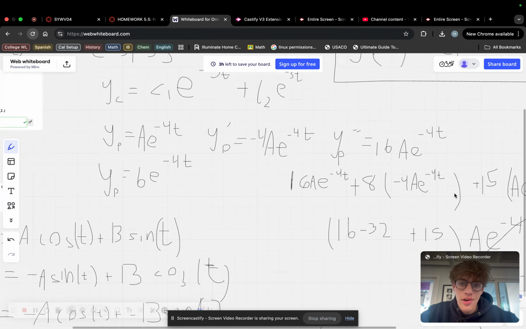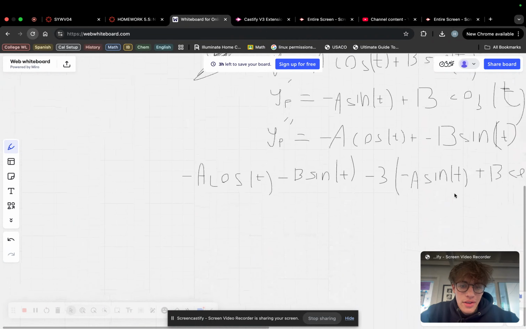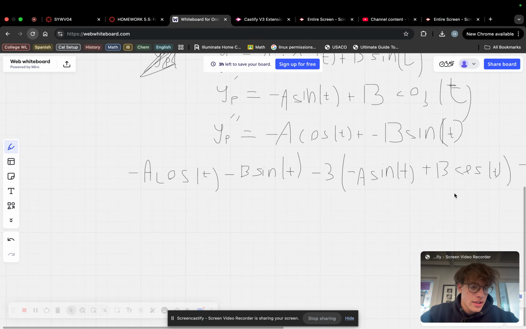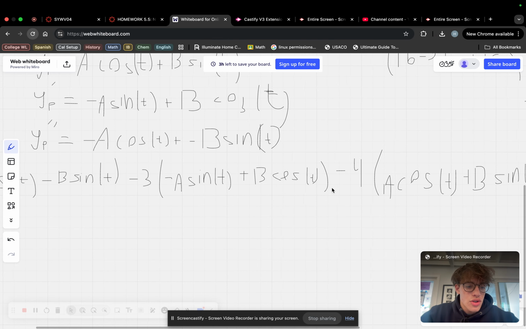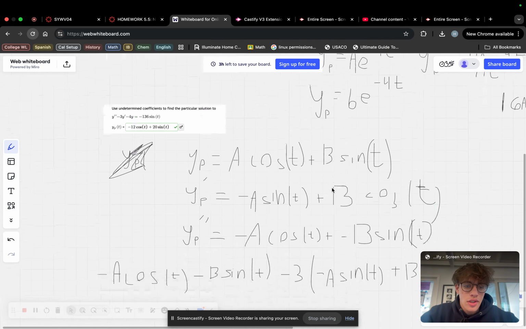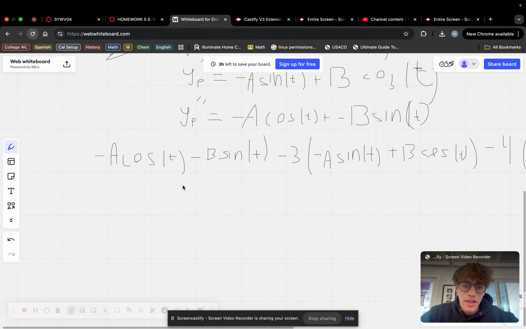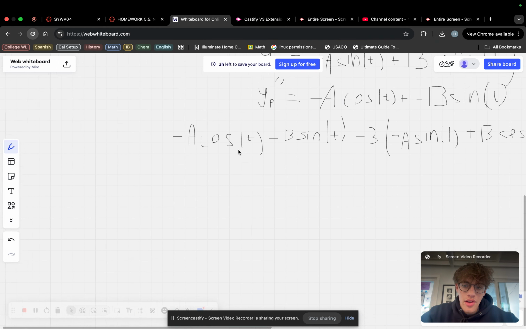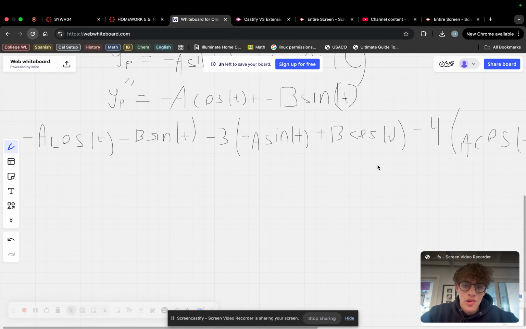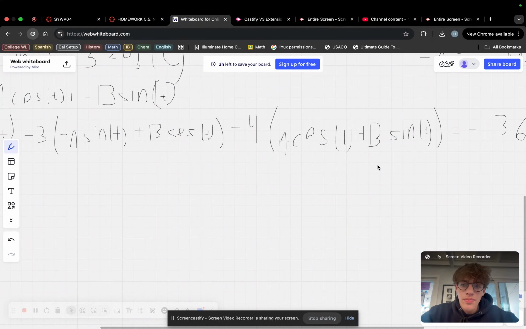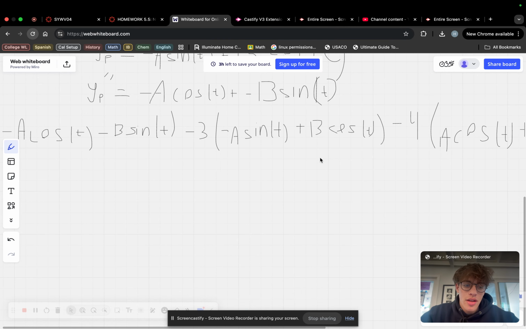Okay, sweet. So now what we have to do is just some simplifying. Collecting the cosine terms, we got negative a minus 3b plus negative 4a, so that's negative 5a minus 3b.